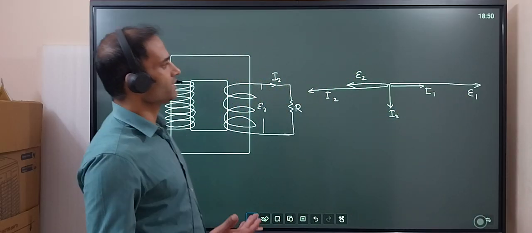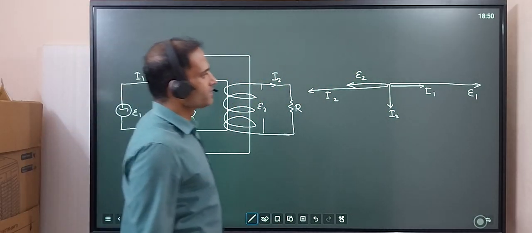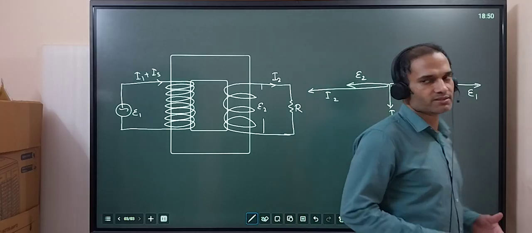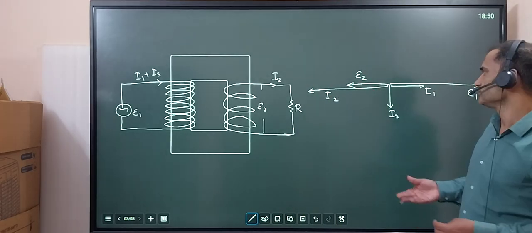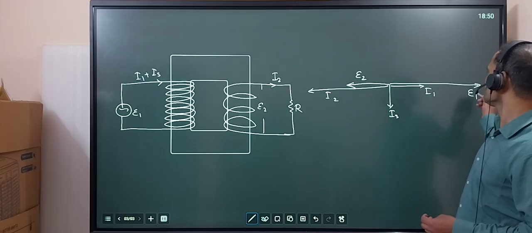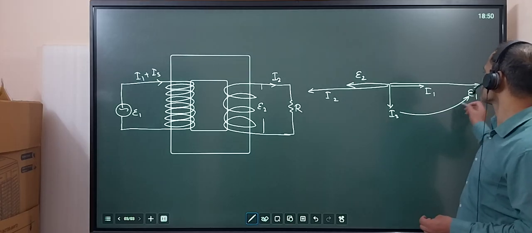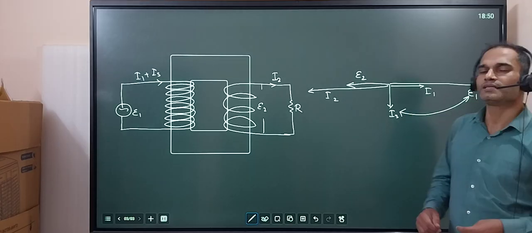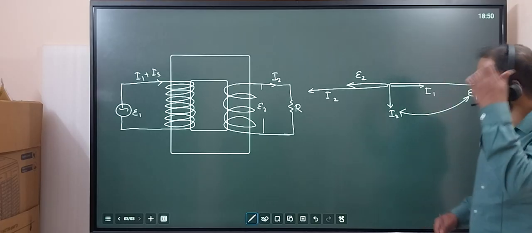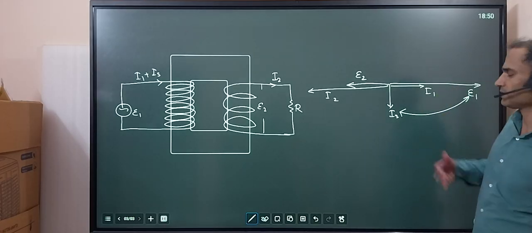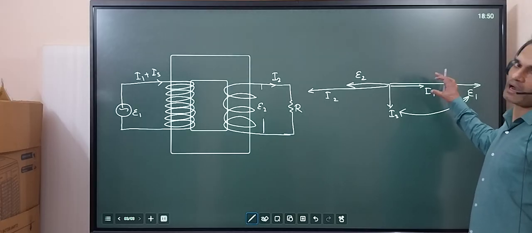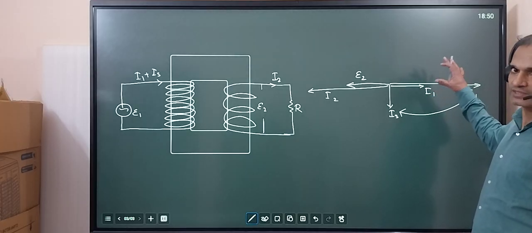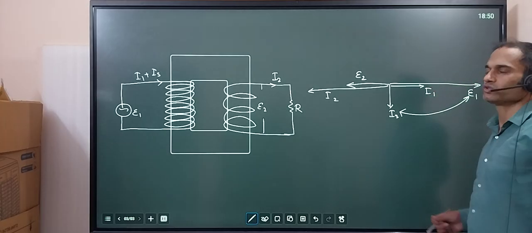You can see that E1 and I1 are in phase, E2 and I2 are in phase, and Is is linked with this, but the angle is 90 degrees. So what is happening? It will get power from the source.